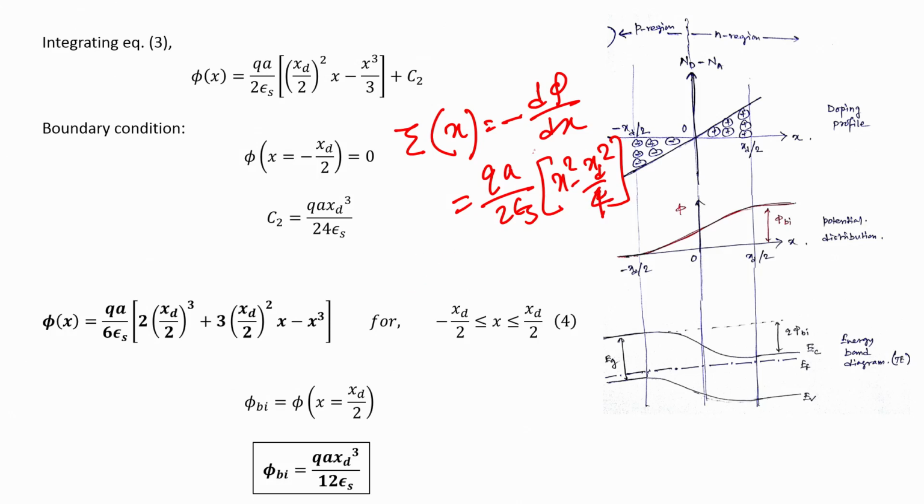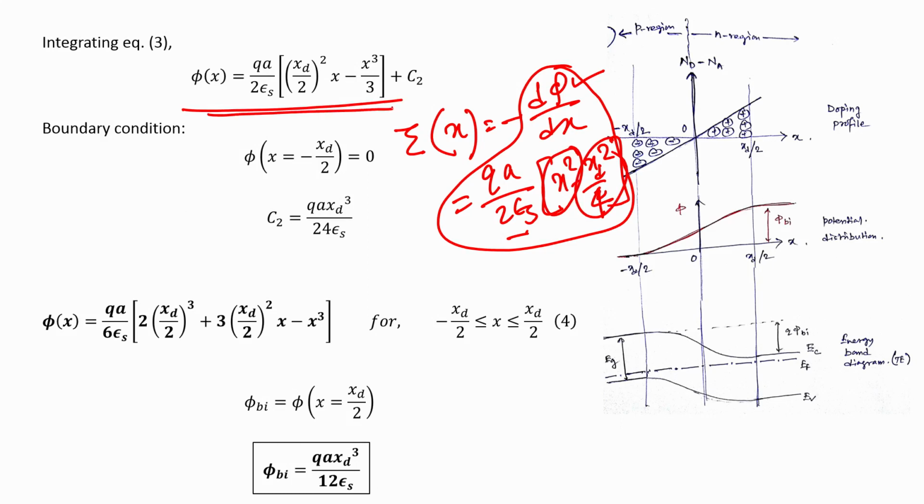So now you integrate this expression to find the potential phi. Again a straightforward integration, you will end up with qA by 2 epsilon s times: this term gives x cube by 3 and this term gives xd square by 4 into x. So this is what comes here, along with an integration constant C2.